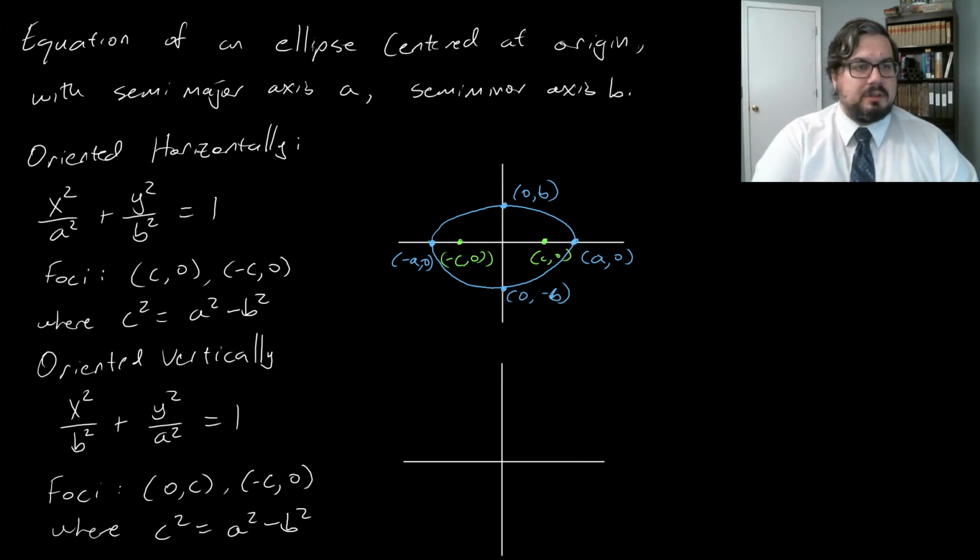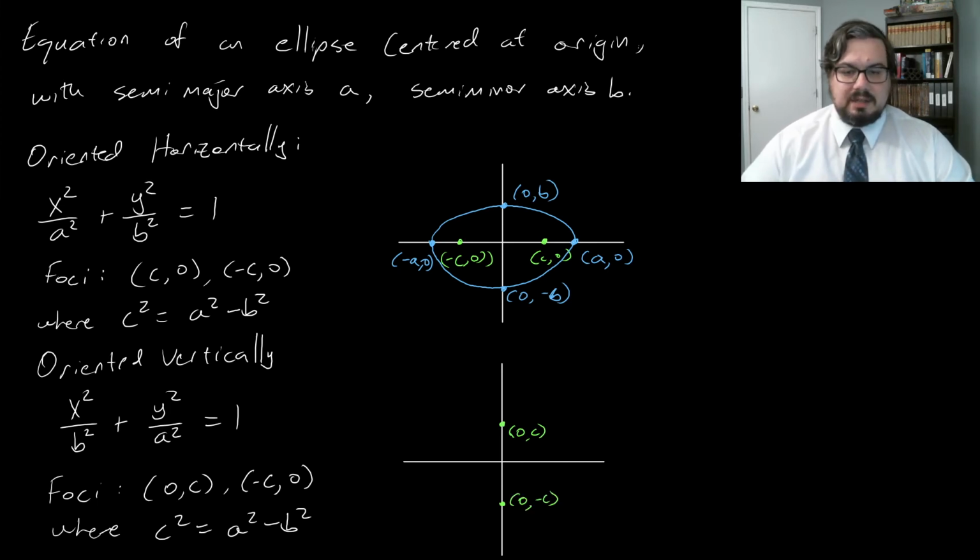So this picture looks like this. We have 0, c here, 0, negative c down here. We have a vertically oriented ellipse with vertices at negative a, 0, a, 0. Oh, sorry, got those backwards again. Sorry.